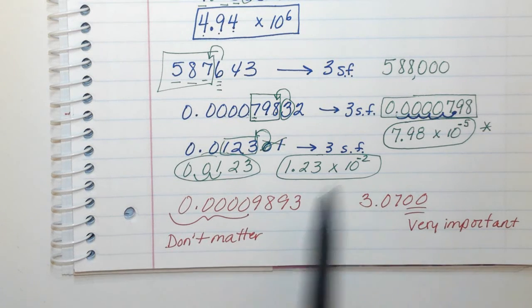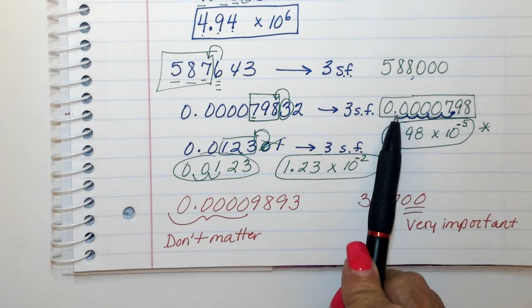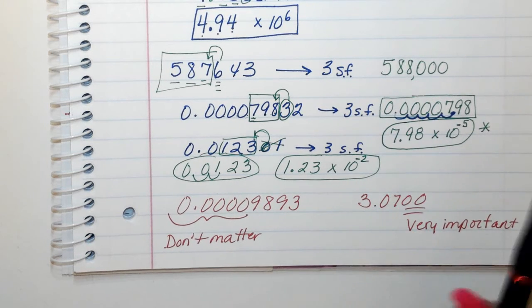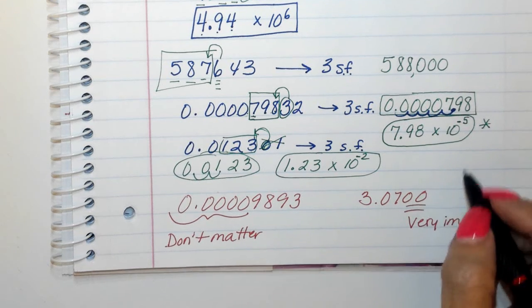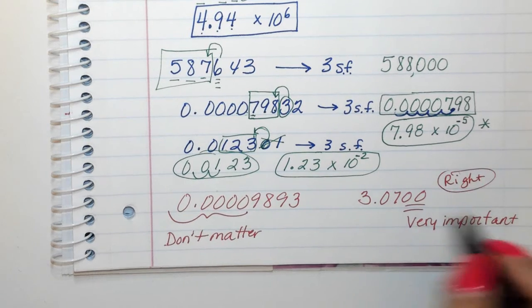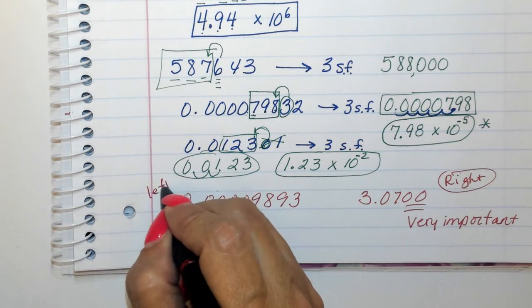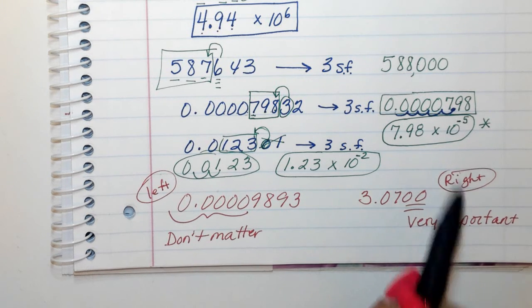And now you're like, but wait, up here when you were showing us, the numbers over here didn't matter, but the numbers over here mattered. Here's what it is. If you're on the right side, these are very important. If you're on the left side, those are not important. Left doesn't matter, the right does.